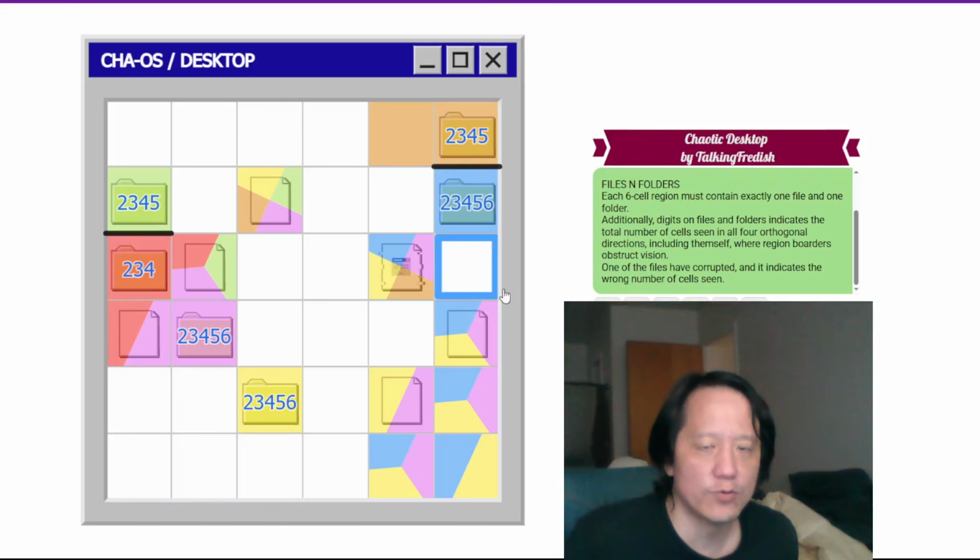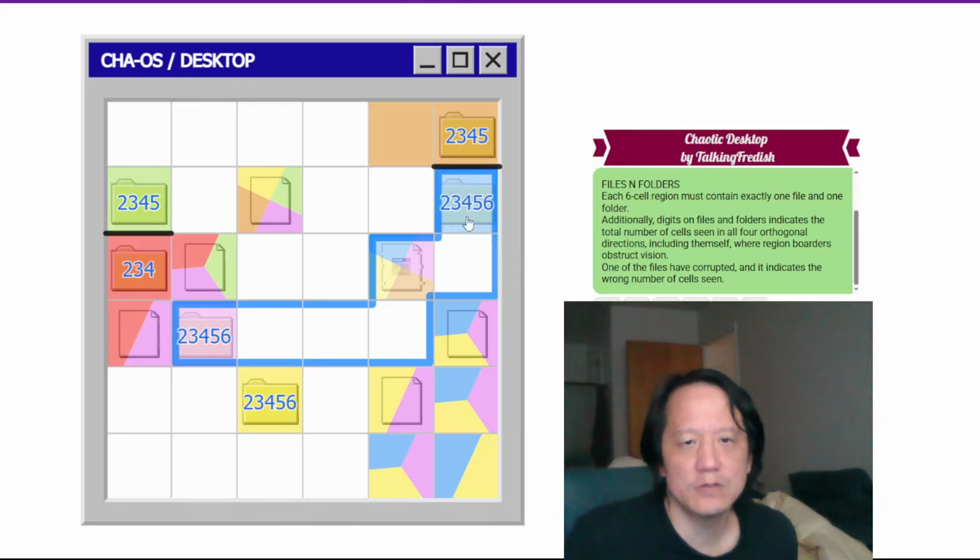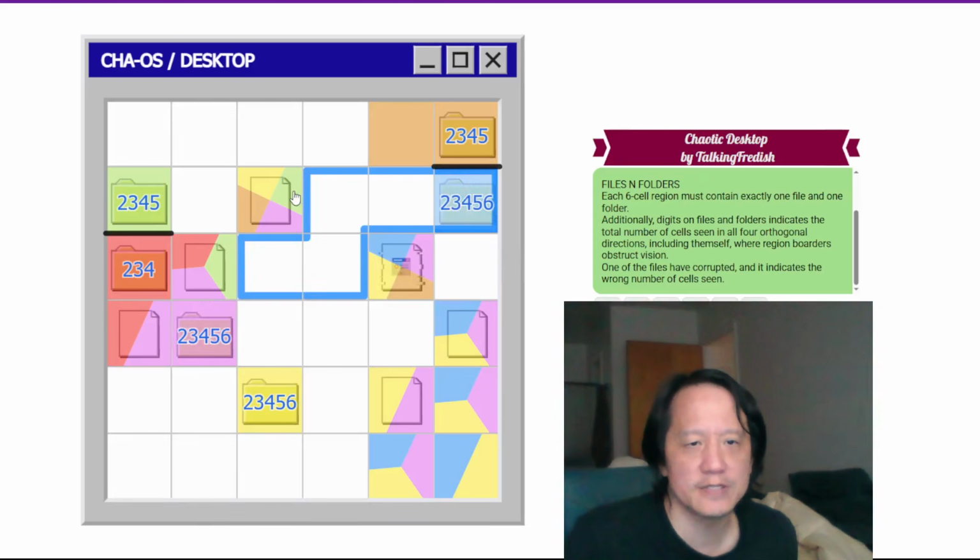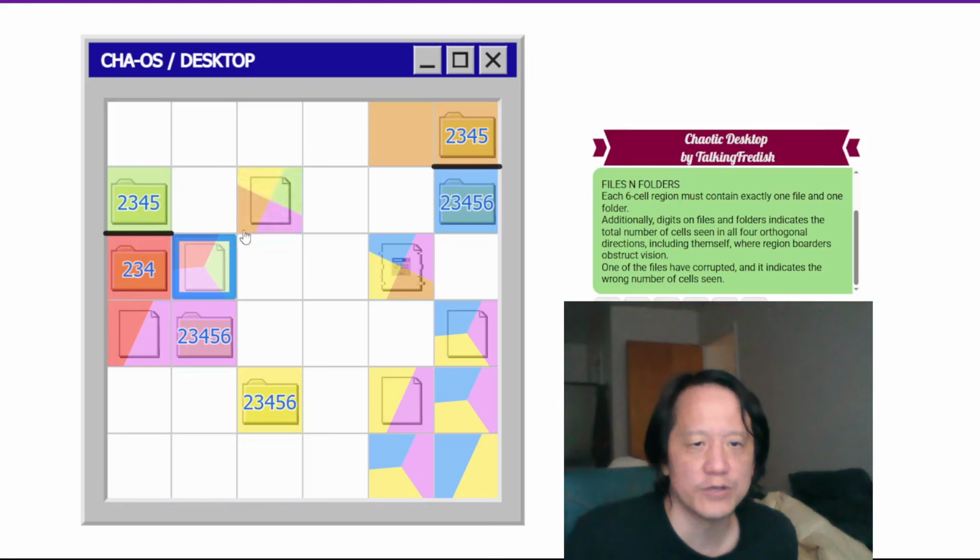We cannot have orange here. We can't actually have any... I think this has to be blue. Yeah, because if any other color goes here, blue has to go this way, but then it can't actually get to another file. So this has to be blue here.